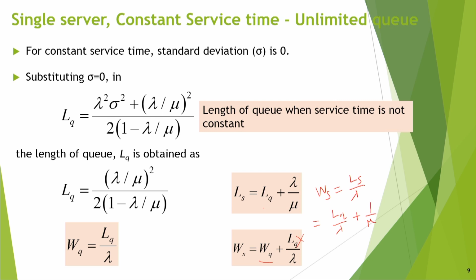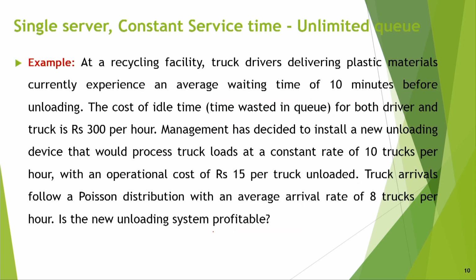LQ by lambda is basically WQ. So, WQ plus 1 by mu. Therefore, this formula is actually WS is equal to WQ plus 1 by mu.